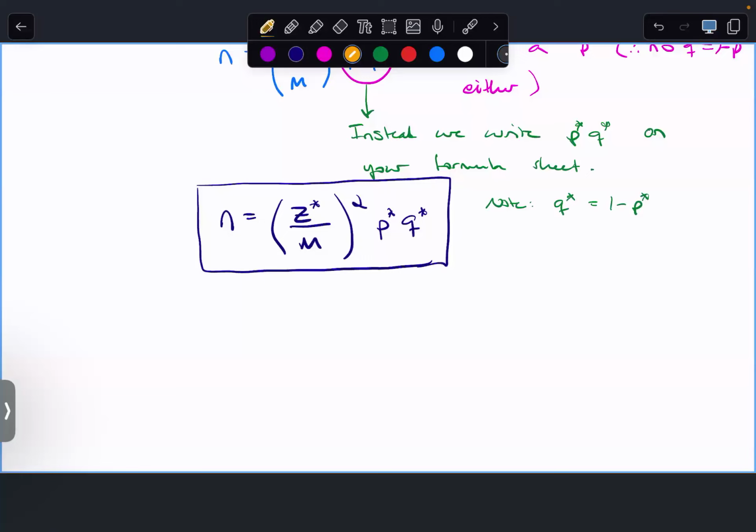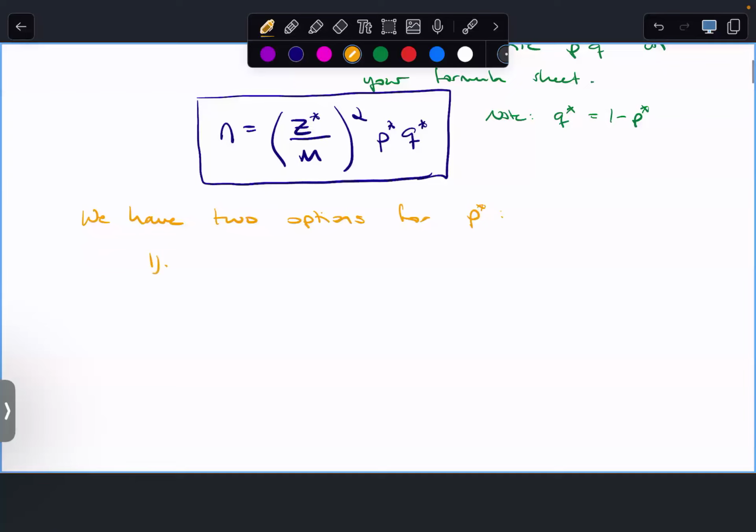Okay. We have two options for p star. Option number one is if we have a previous study that we can use, then you can use that p hat as your p star. Okay.